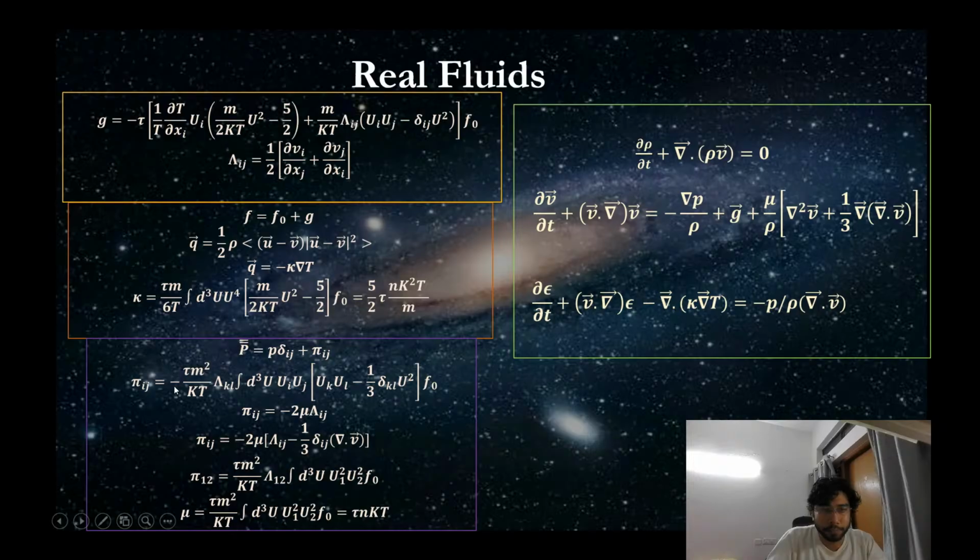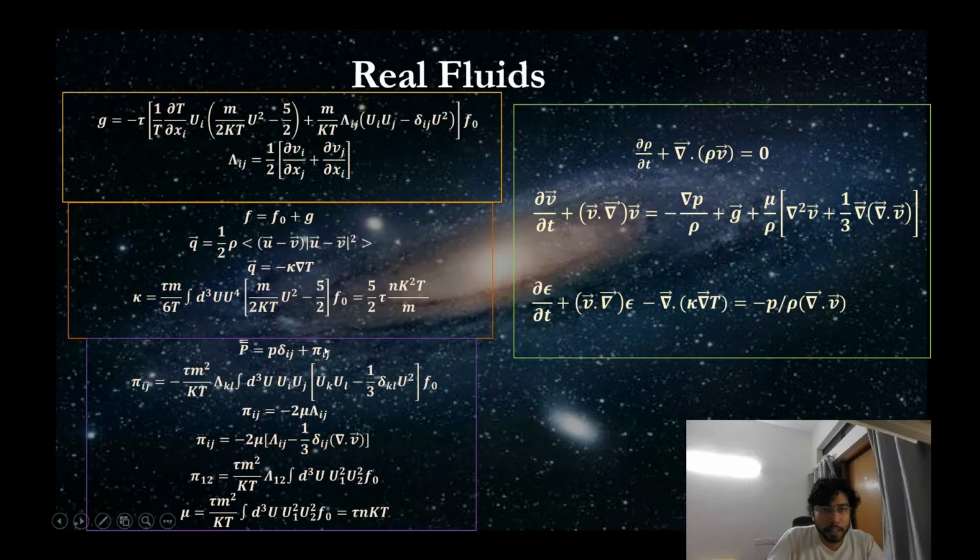Now we can write pi_ij equals minus 2 mu lambda_ij, where mu is this whole integral except for the lambda factor. The rest of the integral is given as mu, right?